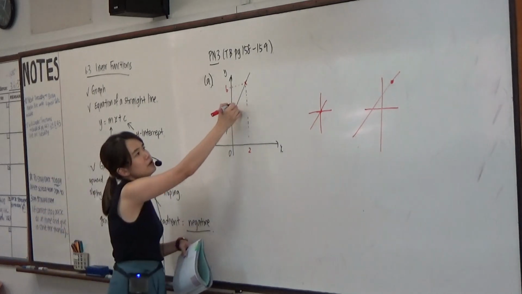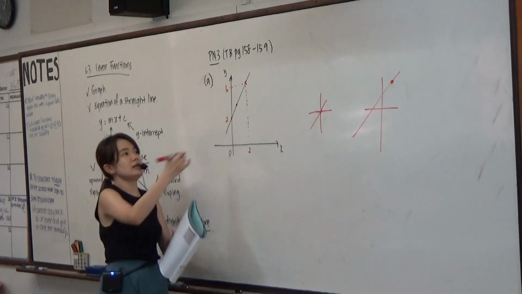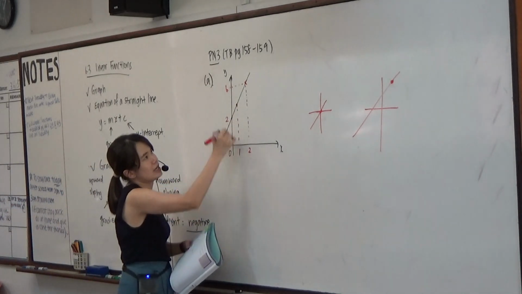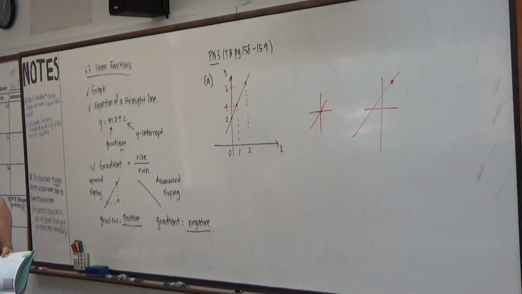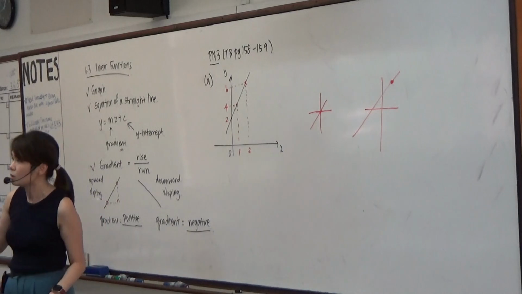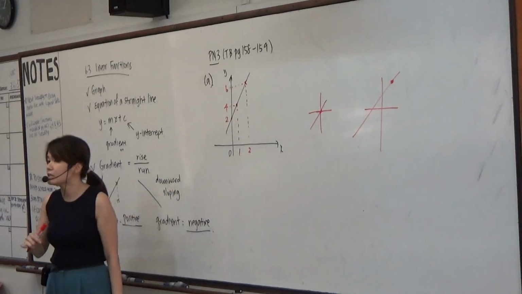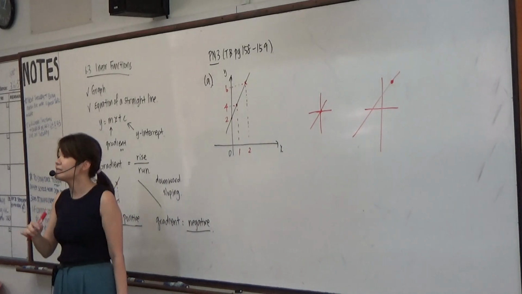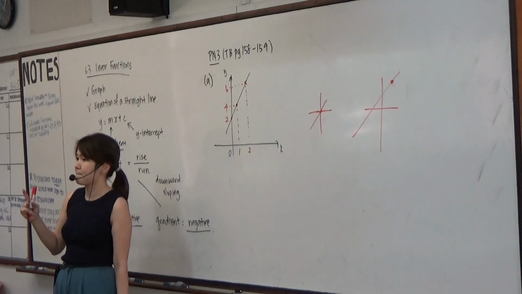Another point that you can consider, if you look at the diagram, is maybe 1, 4. You see how they are very nice points? They pass through the corners very nicely. Don't just look at what's on the whiteboard, please look at your own diagram in your textbook. Okay? So these are all very decent points for us to choose from. It is up to you which one you want to choose, so long as you choose 2 of them.